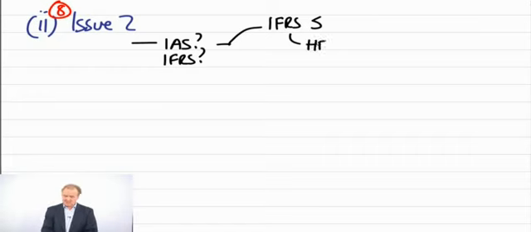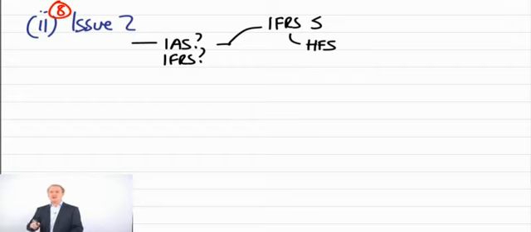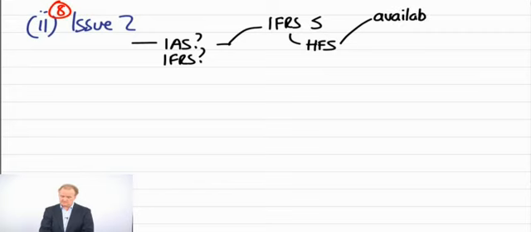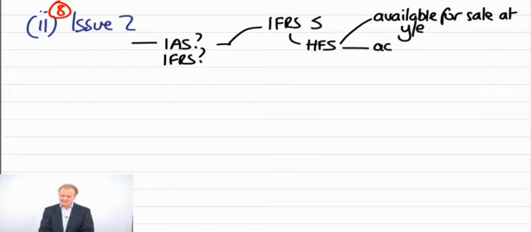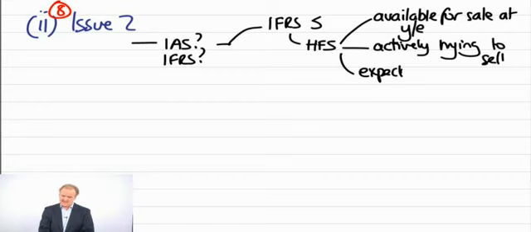It's an asset held for sale under IFRS 5 if it's available for sale, they are actively trying to sell, and they expect a sale less than 1 year after the year end.